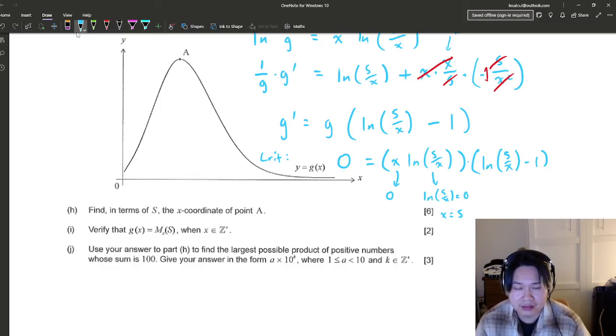Or we have this one over here, which means that natural log of s over x needs to equal 1.